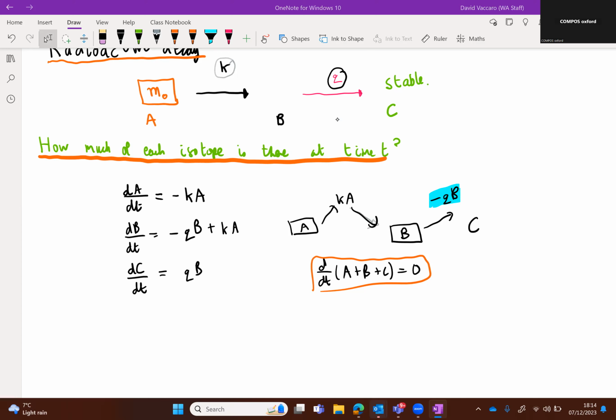Which differential equation can I just solve straight away, pretty much for free? Someone suggested dC by dt. The only problem with the dC by dt equation is it relies on me knowing how much of particle B there is.